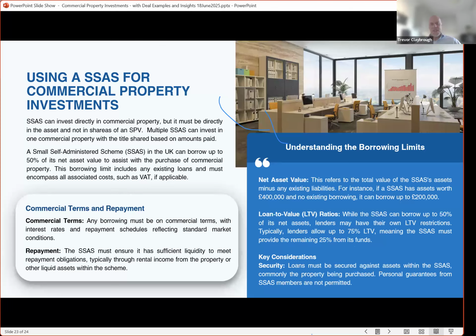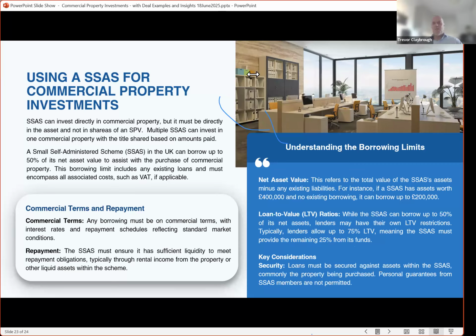And as the value of the property goes up, when you do the annual net asset value, it will take into account the current RICS valuation of the commercial property, and on that basis you can potentially refinance to get money out, and that money will go back into the SSAS, and you can reinvest in something else.